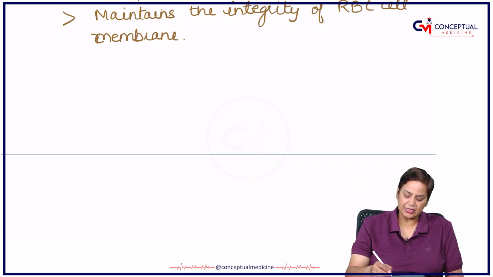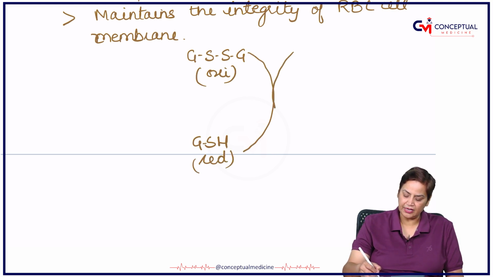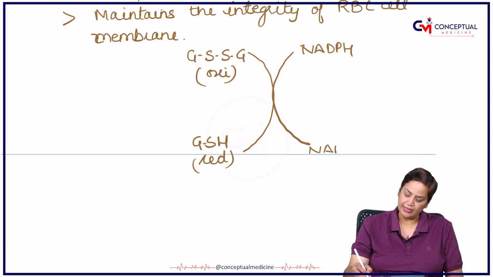Now, if we elaborate this function, glutathione occurs in two forms, oxidized and reduced. Right. So oxidized is converted into reduced with the help of NADPH, which is converted into NADP positive. Right.